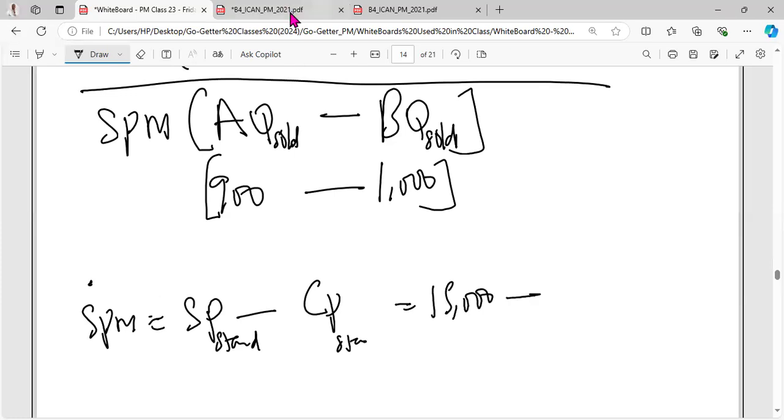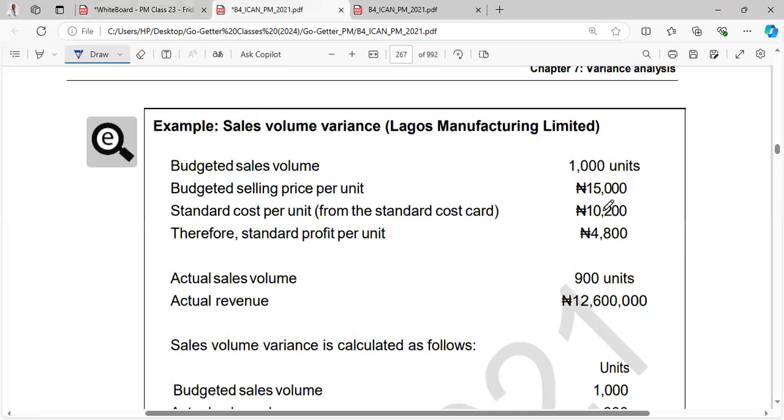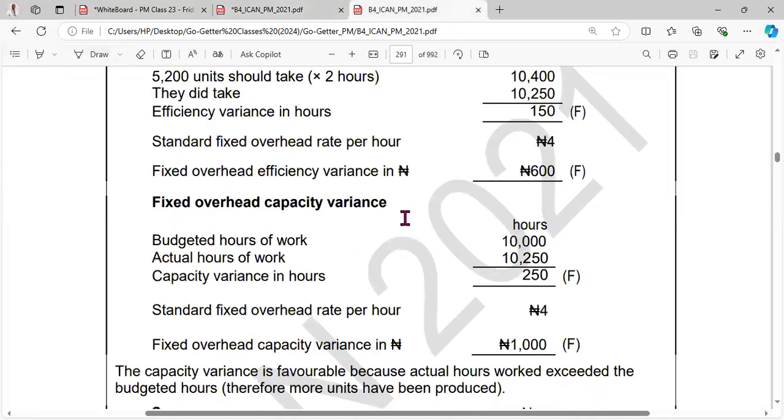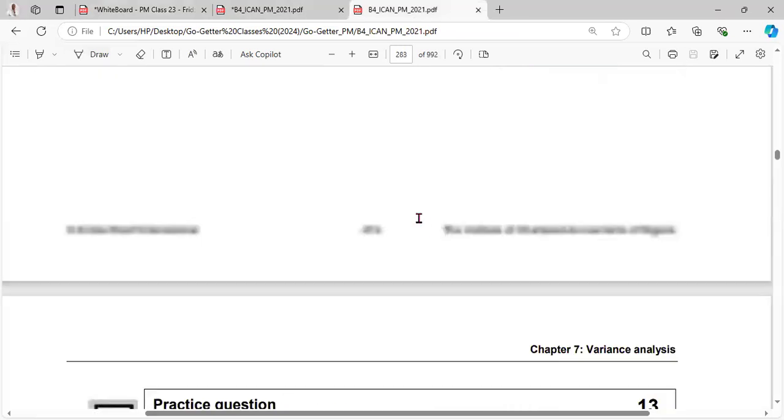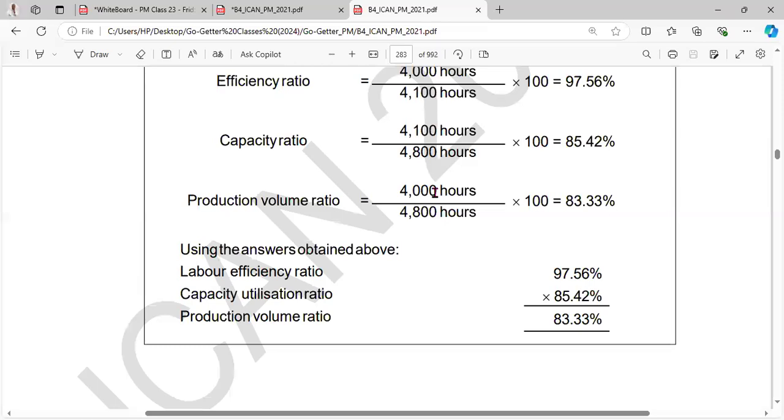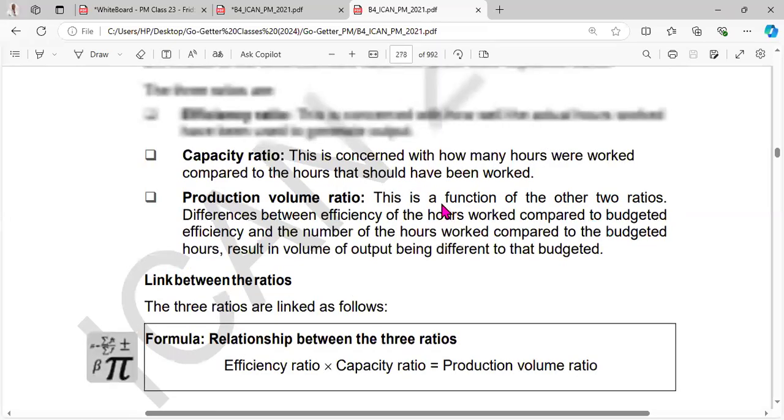Then your cost per unit, standard cost card. Remember when we were looking at part one, this standard cost we had. Maybe I should just take us down to part one, where we have that standard cost so that we can refresh our memory.